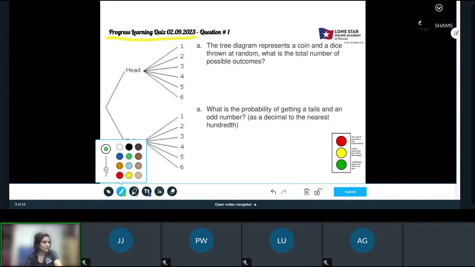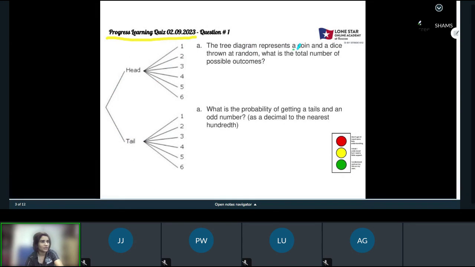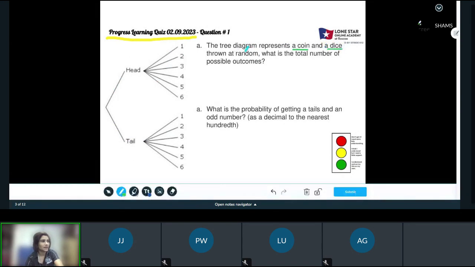And the question says, the tree diagram represents a coin and a dice thrown at random. You've heard me talk about tree diagrams in class, and this is an example of a tree diagram that represents a coin and a dice thrown at random. What is the total number of possible outcomes?